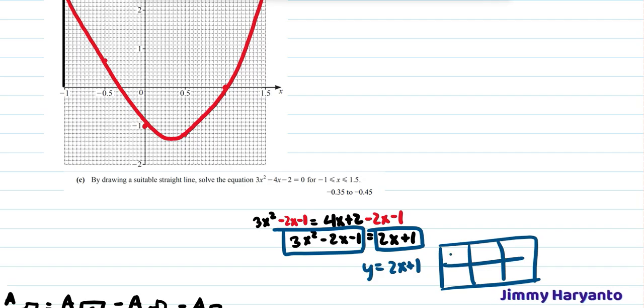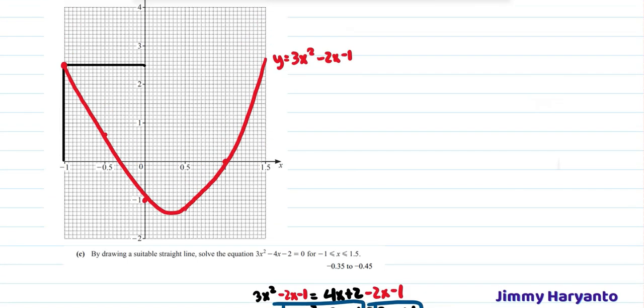And the idea is when x equals 0, y equals 1. When x equals 2, there is no 2, so let's just say 1 equals 3. Okay, so 0, 1, 1, 3.